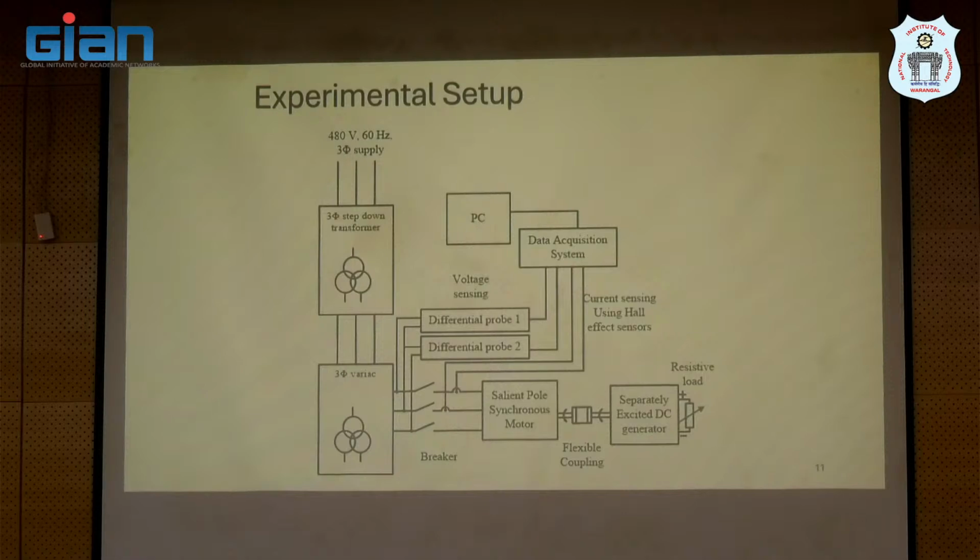If you put one in one orientation, you will get one polarity. I placed the two current probes in opposite orientations, so when I acquired the signal, the line currents were not displaced by 120 electrical degrees. When I visualized it, I realized that something was not correct. Once I knew what problem I had made, I didn't have to repeat the experiment. I just inverted one of the signals in software. But what I'm trying to say is there are many sources of error in data acquisition that you might end up making. Okay.